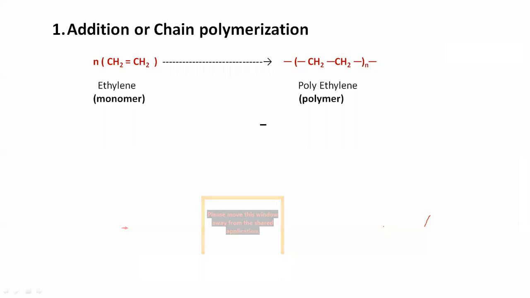The conversion is not that simple; we need a catalyst and we need to apply heating. When n ethylene monomers are heated in the presence of a suitable catalyst, addition polymerization happens, and we get all ethylene molecules linked together, and we have polyethylene.